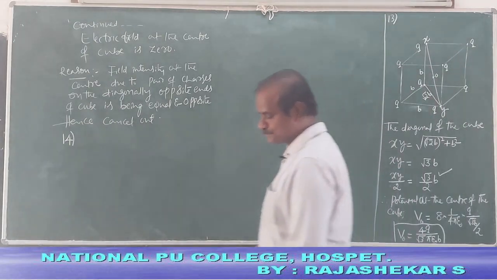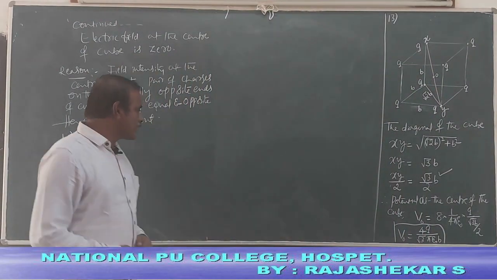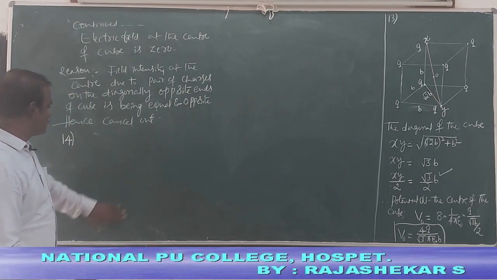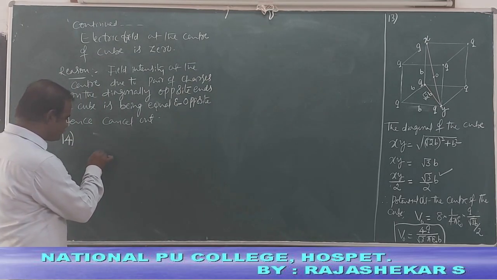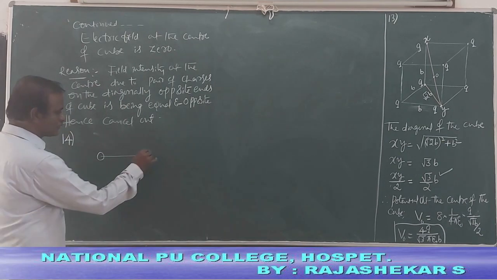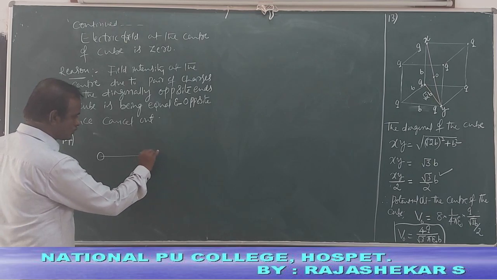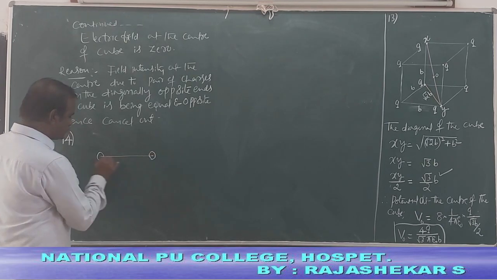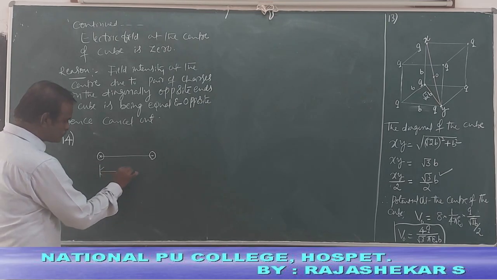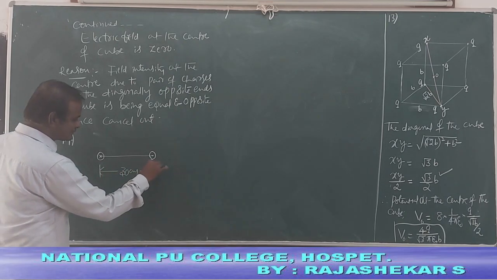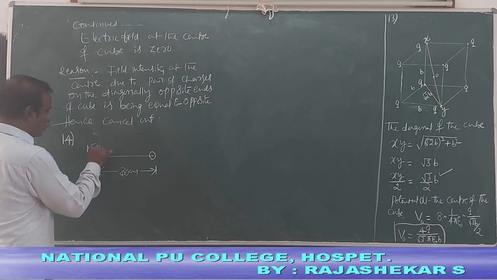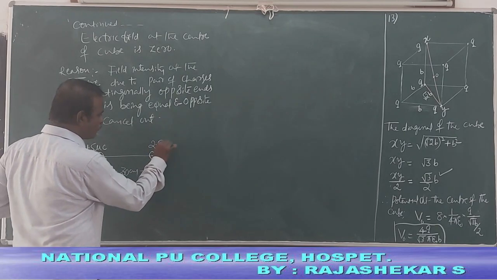Well students, now look at the arrangement given for question number 14. Two tiny spheres given, 30 centimeter apart. Now one is 1.5 microcoulomb, the other one is 2.5 microcoulomb friends.